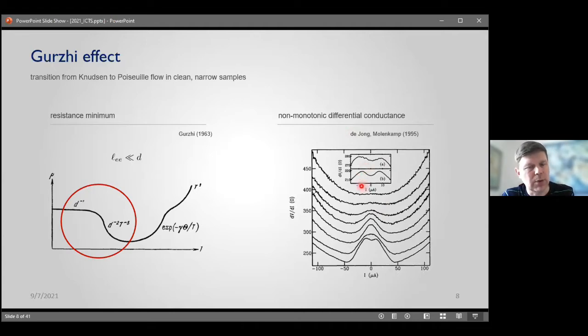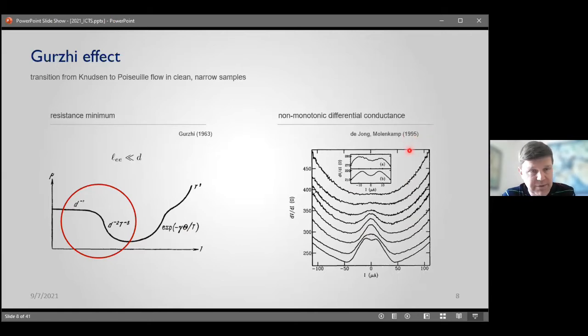There, instead of looking at the temperature dependence of resistivity, people looked at the non-monotonic behavior of the differential conductance and argued that this specific double peak profile is equivalent to the temperature dependence minimum observation, right?